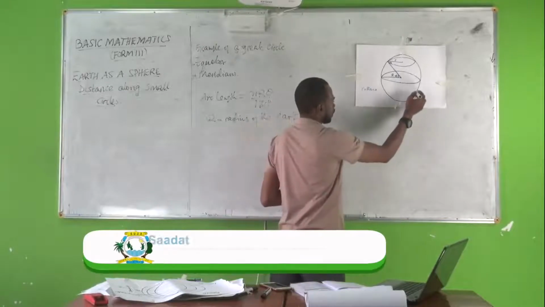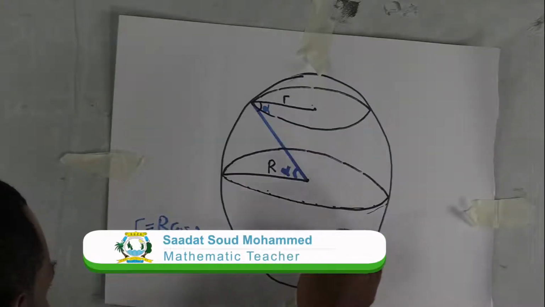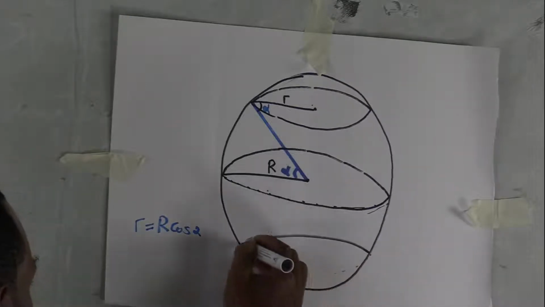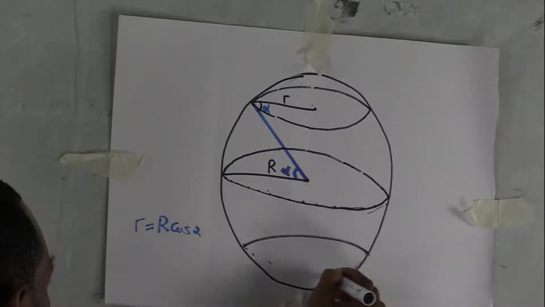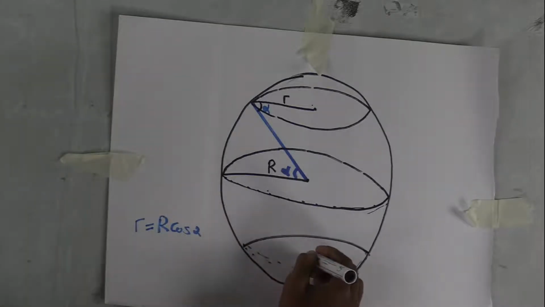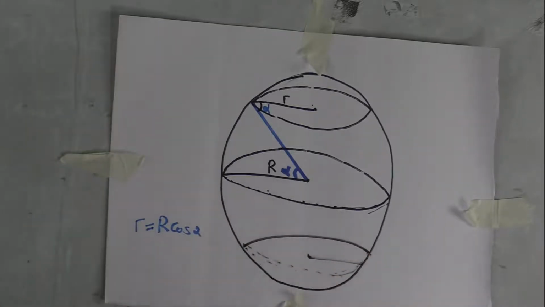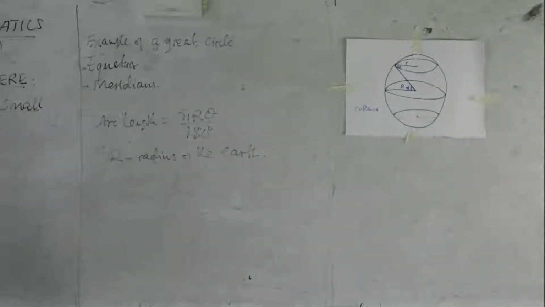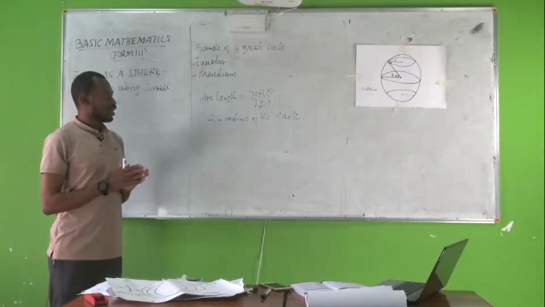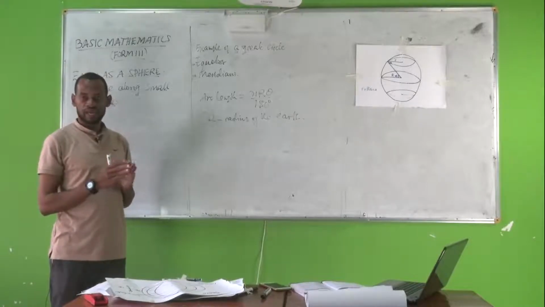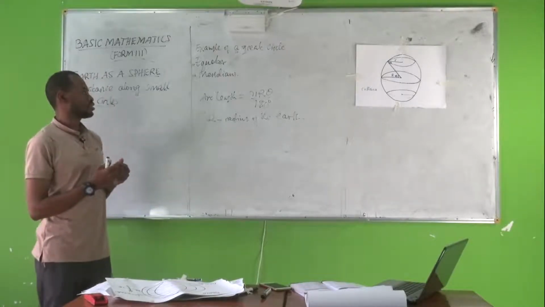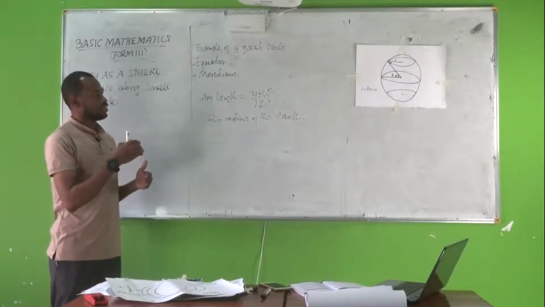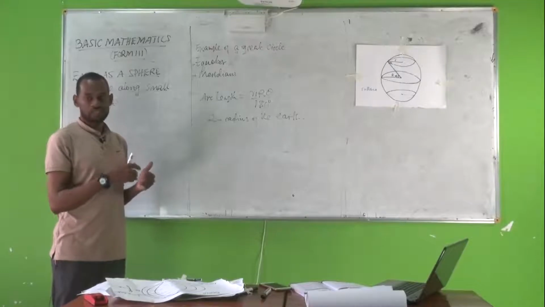But if you draw another circle here, parallel to the equator, this can be another small circle, because the radius here is smaller than the radius of the Earth. So now the issue is how we can calculate the arc length on small circles.